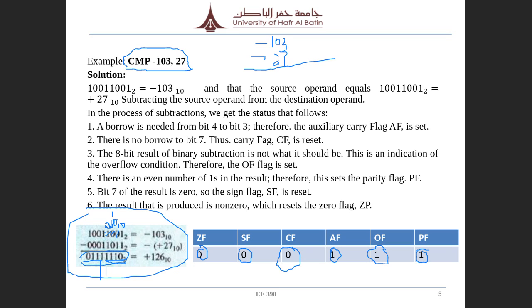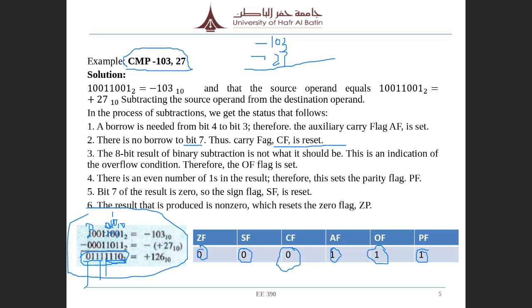So the auxiliary carry flag is set, and there is no borrow to bit number 7. Because 1 minus 0, sorry, we take a borrow from 1, it was 0. So 0 minus 0 is 0. So no more borrowing happens, so there is no borrow to bit 7. So the carry flag is reset.